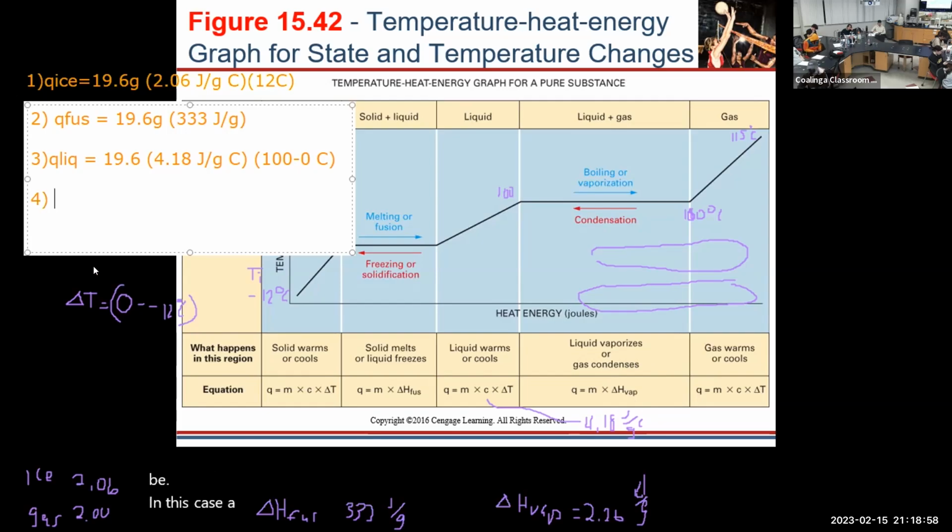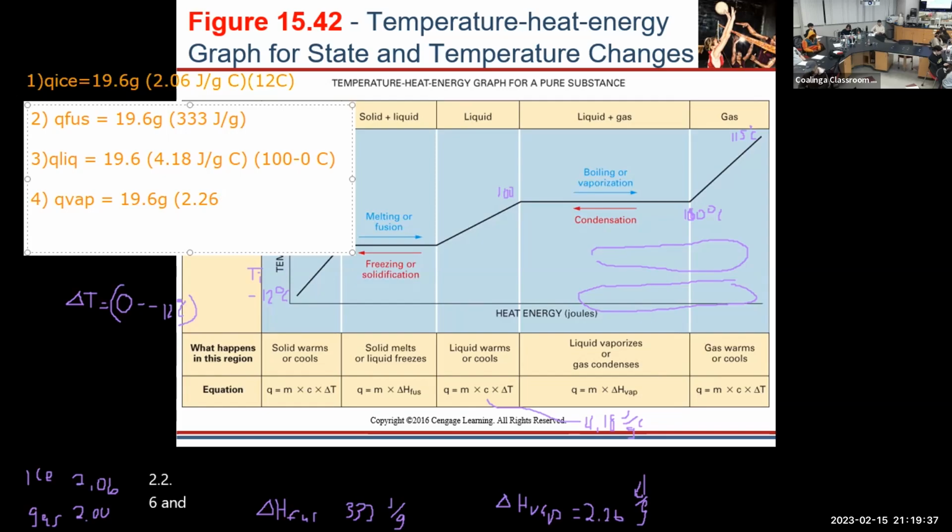So Q vape is equal to our mass, 19.6 grams, times 2.26.